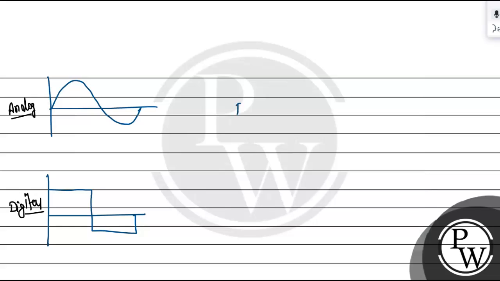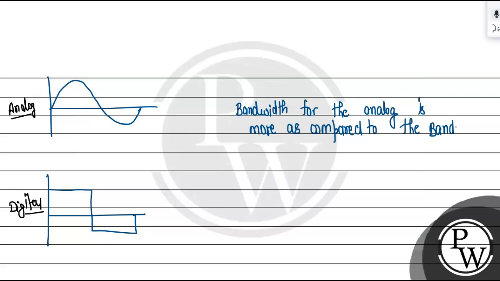So the bandwidth for the analog signal is maximum, or you can say is more, as compared to the bandwidth of the digital signal.